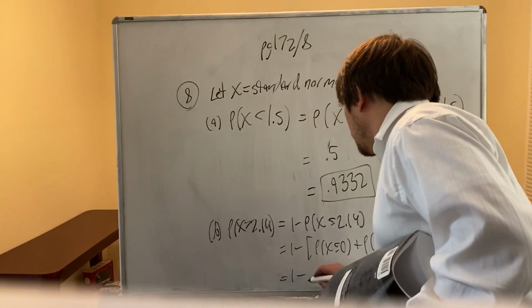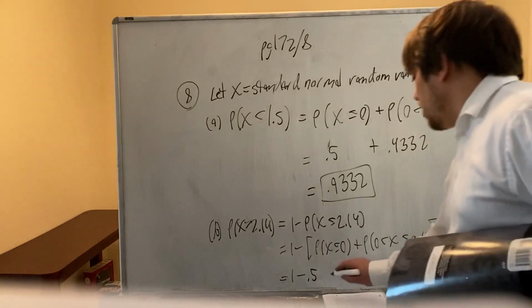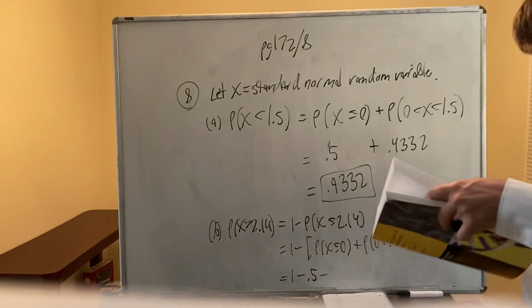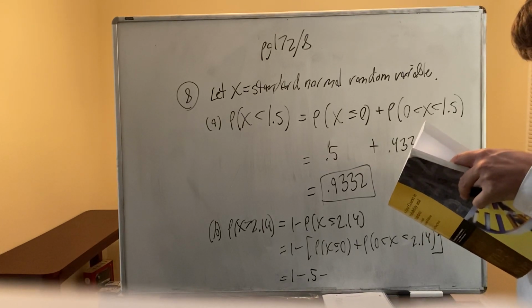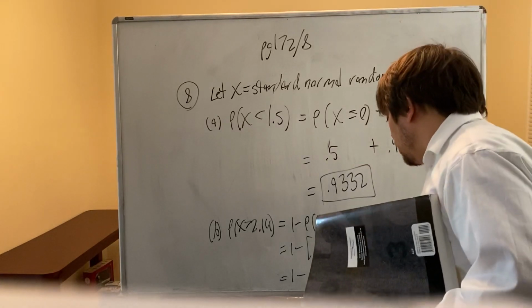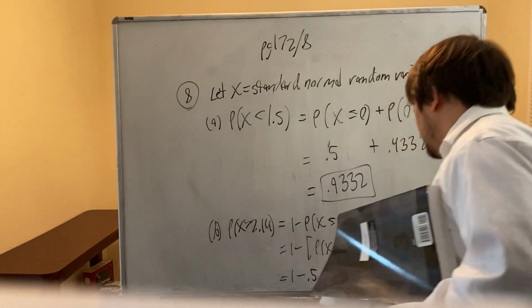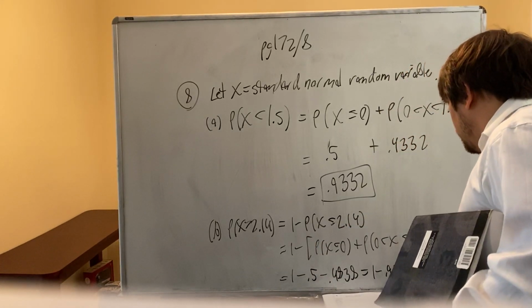This is equal to 1 minus the probability that X is less than or equal to 0, which is 0.5, minus this probability. And the table tells you that probability is 0.4838. Okay? And so that's 1 minus 0.9838.